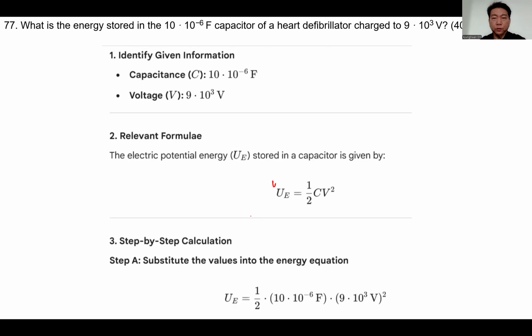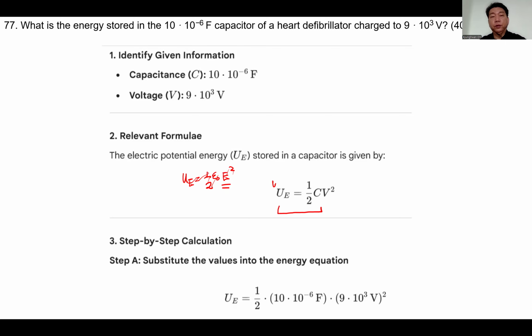Please look at how this is derived previously. It starts from the small u, which is proportional to E squared for the electric field.